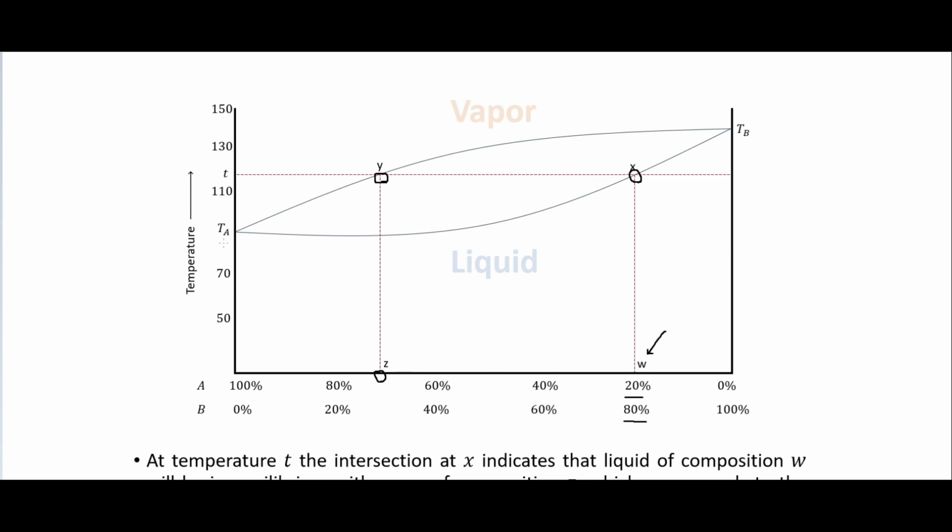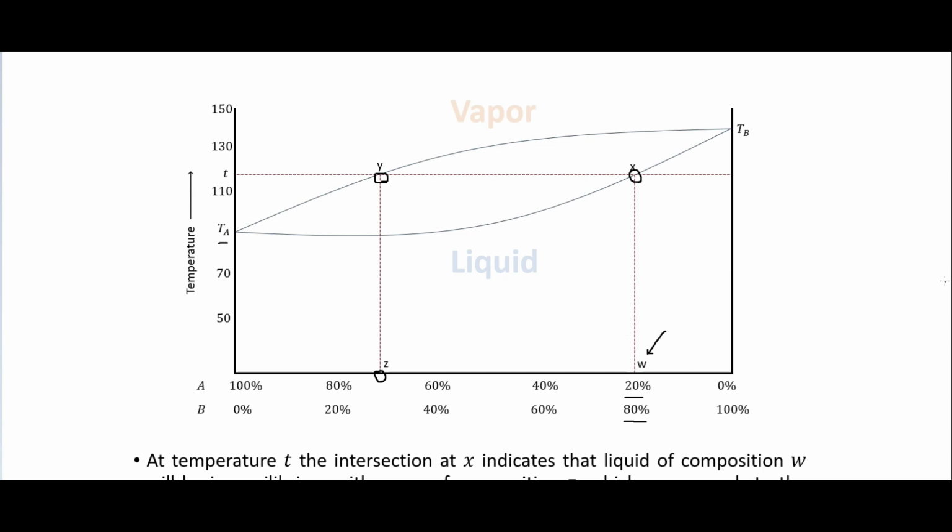Because A has this lower vapor pressure, this lower boiling point, the vapor will be mostly A and less B. And so that's how the distillation works: the vapor is going to contain mostly the more volatile substance rather than the one with the higher boiling point.